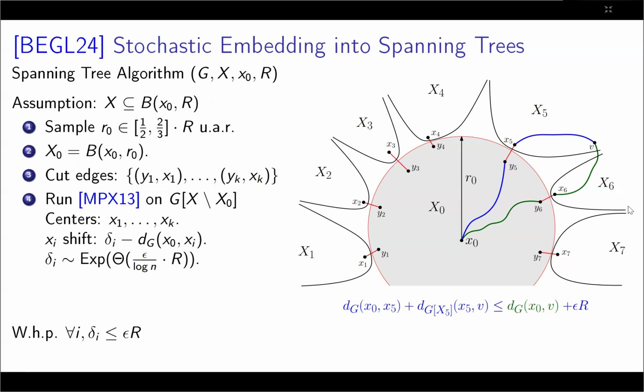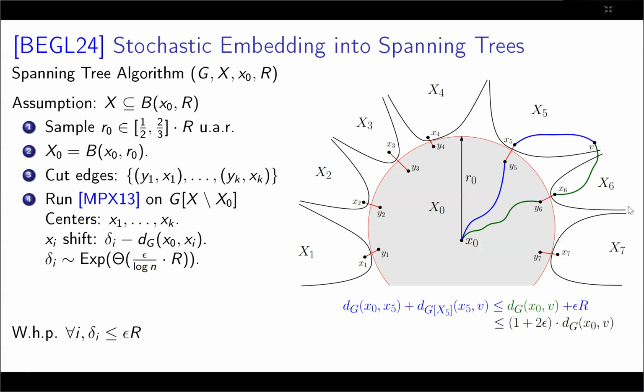Because if x5 won v over x6, it means that the maximum advantage it could get from the noise of the Voronoi is only epsilon r. So if you go to v through x5 instead of x6, you will pay at most an epsilon r longer. This is the Voronoi and the MPX tease once you do this thing. Okay, so this will be important.